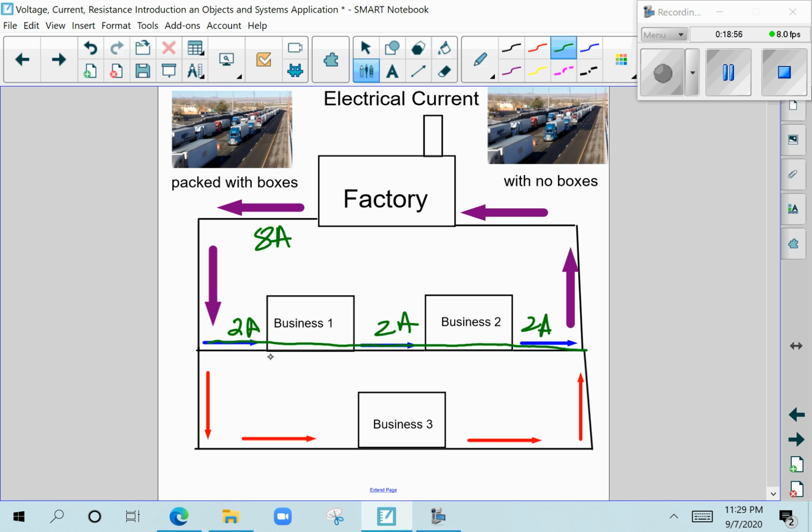So that means the same 2 trucks go to business 2, and those same 2 trucks return. But if 2 trucks are going through business 1 and 2, how many trucks go through business 3? Well, that has to be 6 amps because 8 trucks will be split up between 2 and 6, and I will have a total of 8 trucks return.